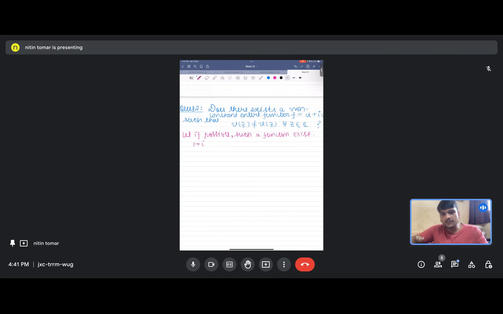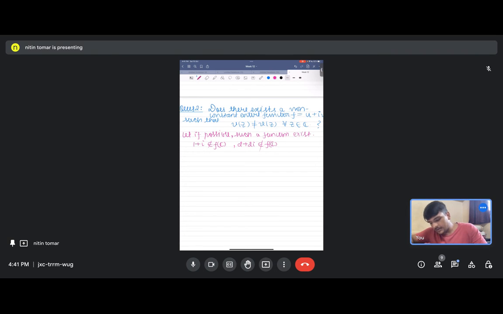Does 1 plus iota belong to the range of f? No, right? Why? Because u is equal to v, right? Does 2 plus 2 iota belong to the range? Again, no, right?